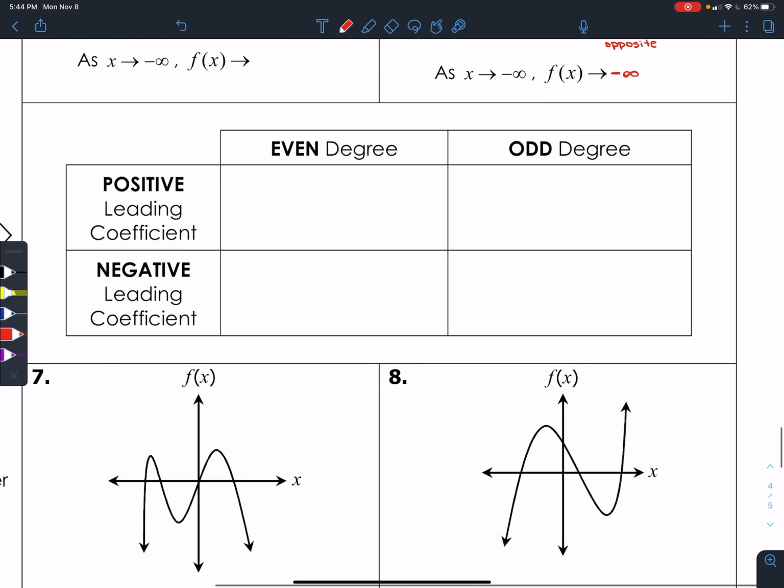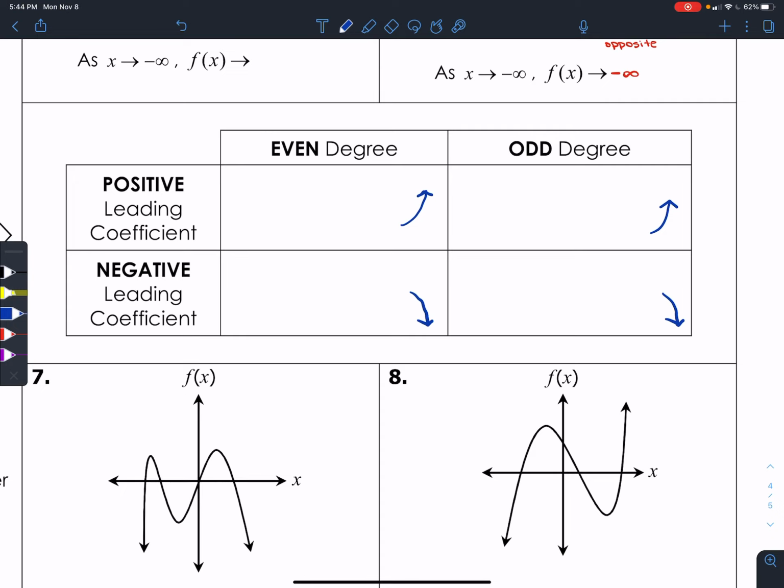If we have a leading coefficient that is positive, that means the right side of the graph is going to always point up. If the leading coefficient is negative, then the right side of the graph is going to point down.